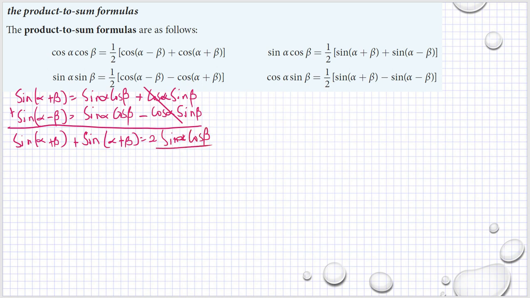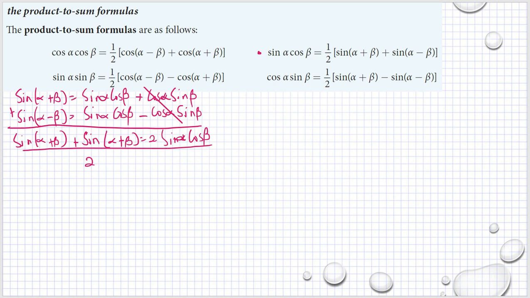If we divide both sides of the equation by 2, then we will get sine alpha cosine beta, that one. Let's do the same for the last one.